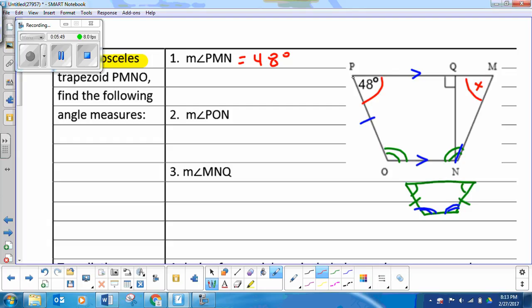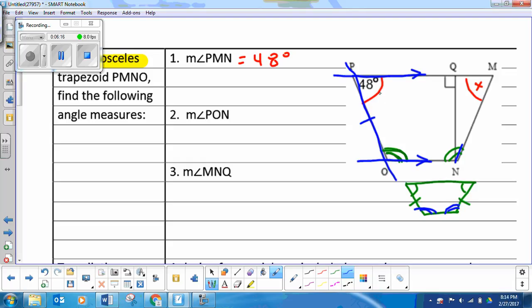So I'm going from P to O to N, which is this angle that I've already marked with two green marks. Let me show it again. We're going to go back to the way we looked at this on that last example. Look at our parallel lines like we learned about back in the day. I cut my transversal through there. So I have a set of what we call supplementary angles, right?